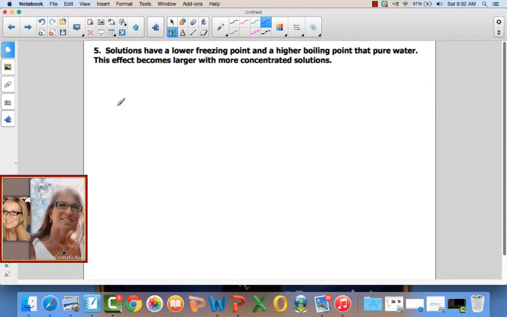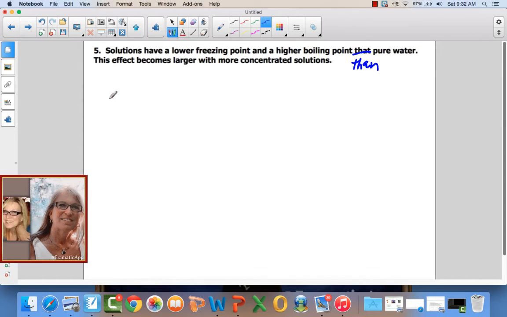Okay, almost done. Solutions have a lower freezing point and a higher boiling point than pure water. This effect becomes larger with more concentrated solutions.